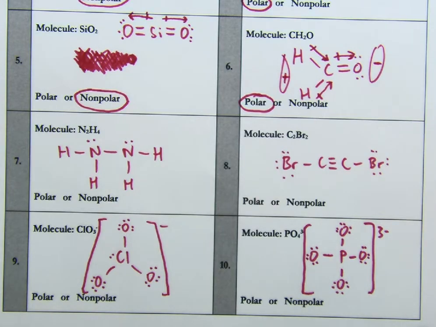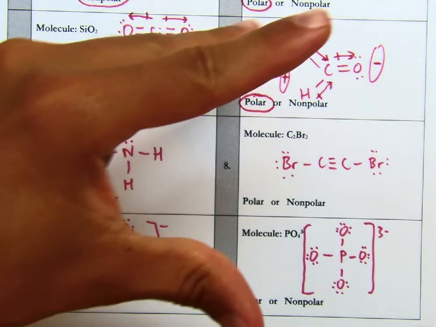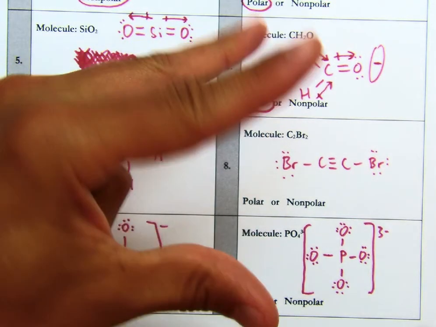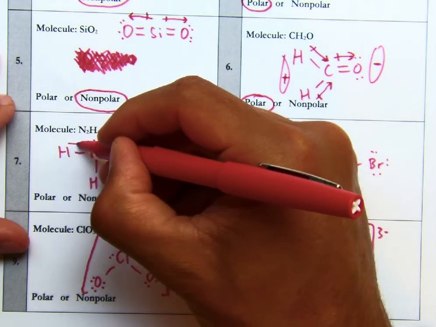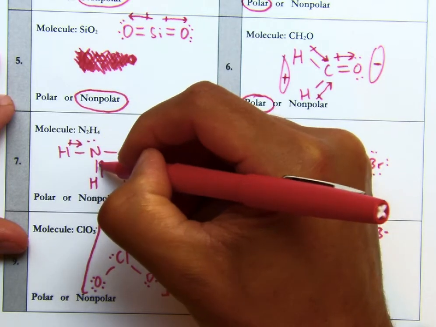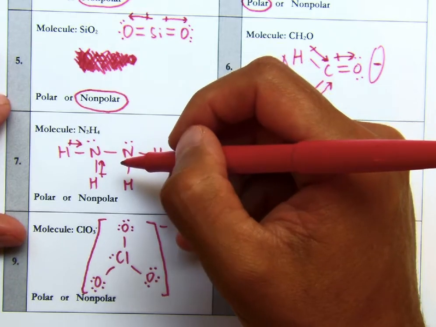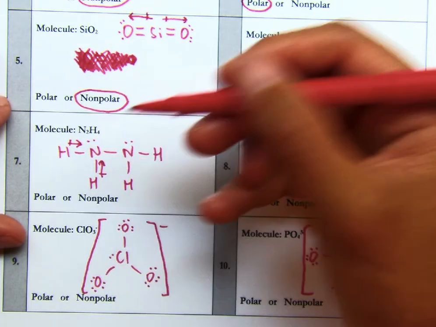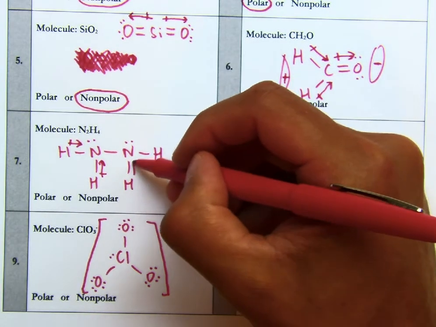For this next one, the shape is trigonal pyramid on all three, and trigonal pyramid is sort of like this. So I know that when I draw this on the Lewis structure, this will be going in, this will be going in, and then you have a lone pair. And the same thing is happening over here.